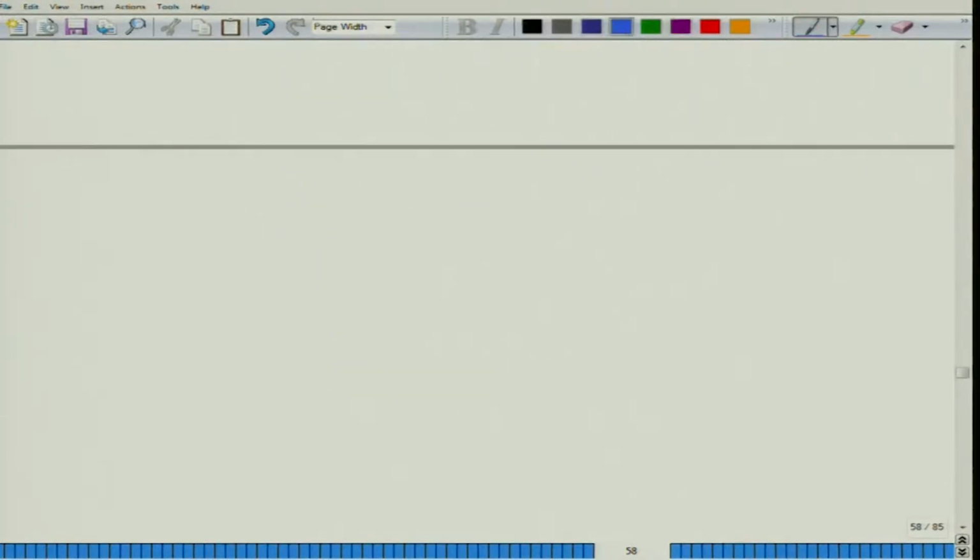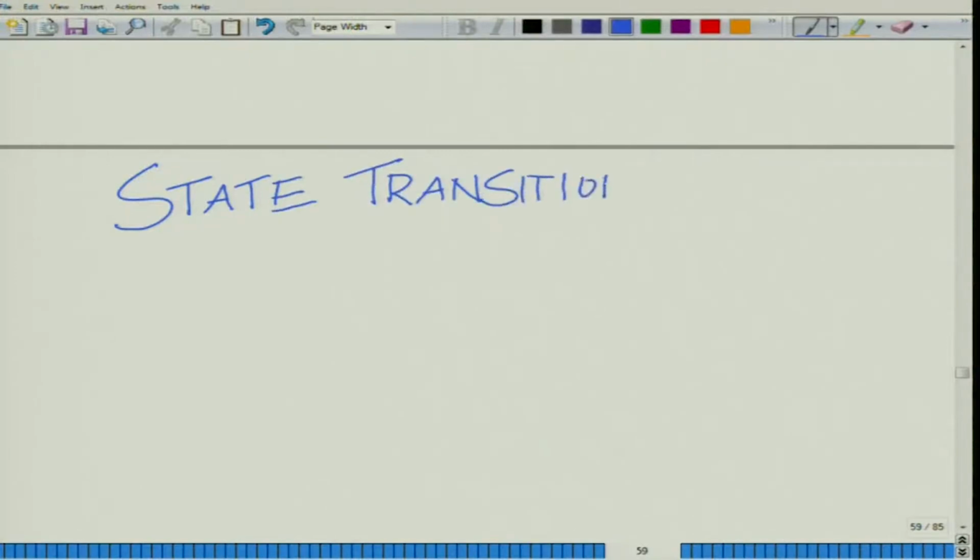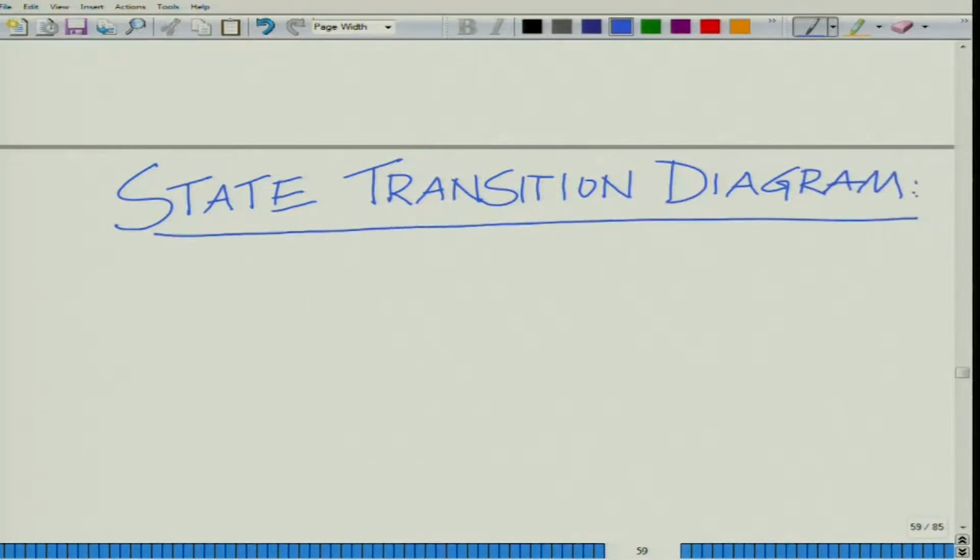So we want to illustrate the state transition diagram for this convolutional code.